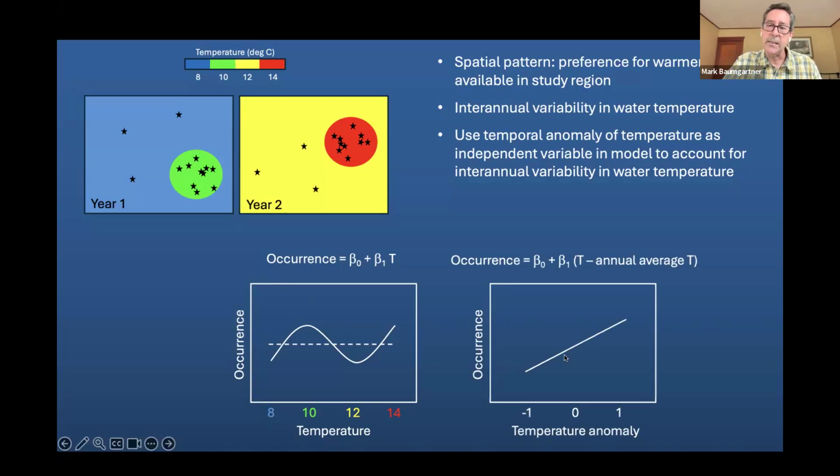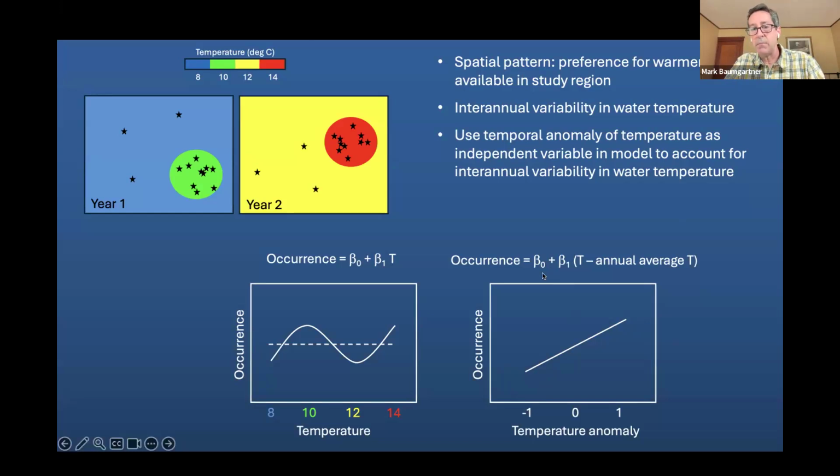That is, in a year, in areas that have a low temperature relative to that year's average temperature, occurrence will be low, and in areas where the temperature is high relative to that year's temperature, occurrence will be high.